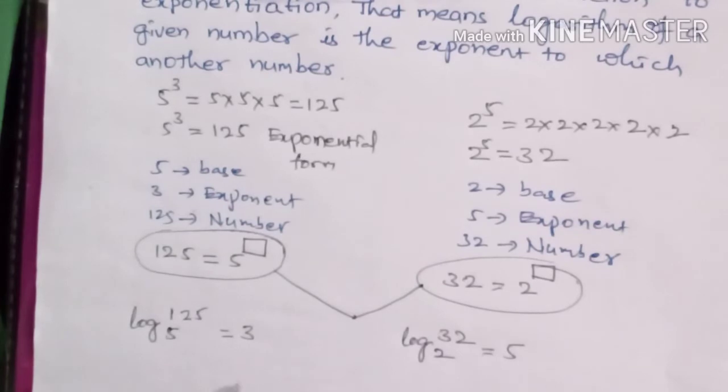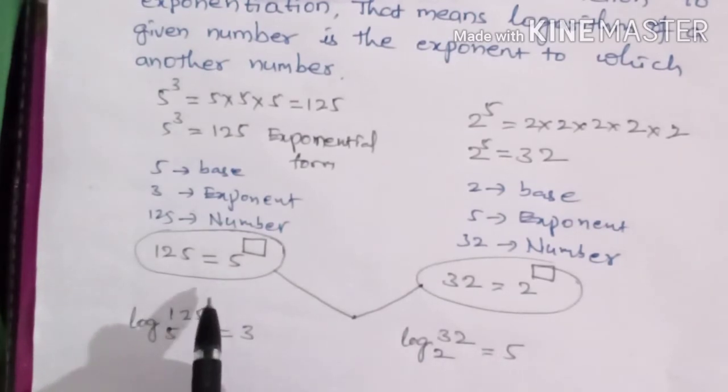For the given number, what power is the other number raised to? Obviously 32 is the given number and the power to which 2 is raised is obviously 5.